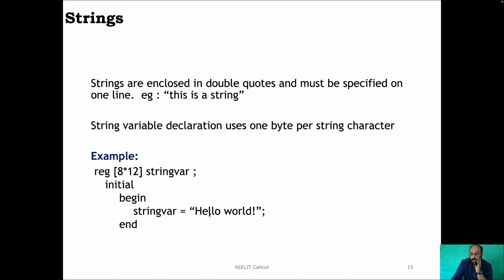So there are a total of 12 characters and each character will take 1 byte of memory for storing a string. So the variable which we are creating for storage of a string must have a width of the total number of characters times 8. Here there are 12 characters to be stored, so 12 times 8 should be the width of the variable called string_var, which is used for storage of this particular string, hello world.